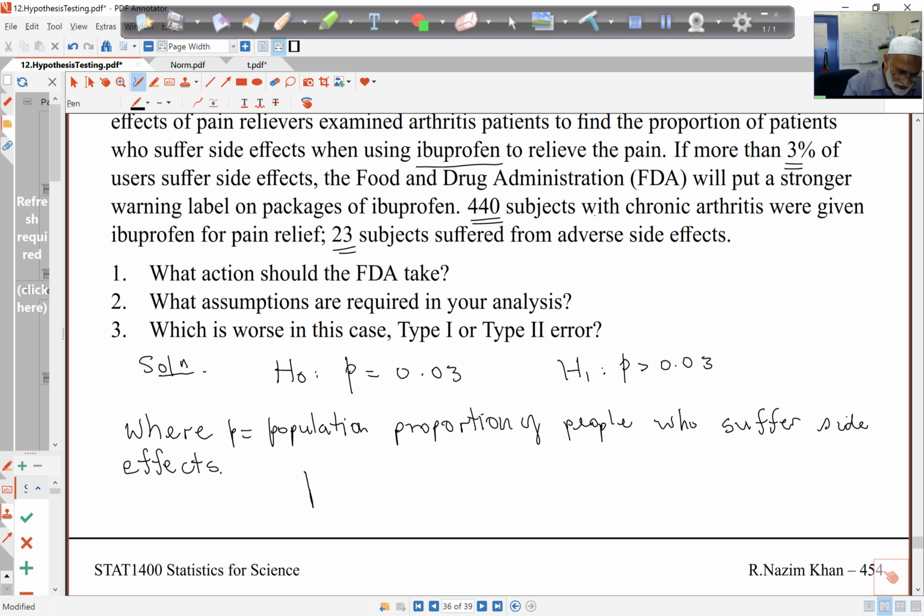Our sample proportion here, P hat, the observed value of that, we had 23 out of 440.